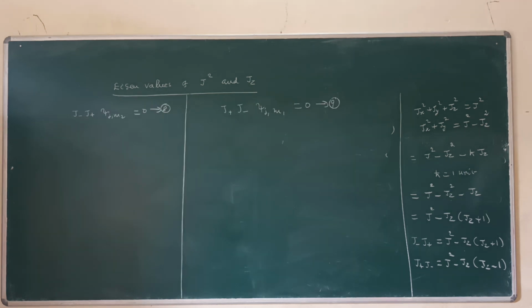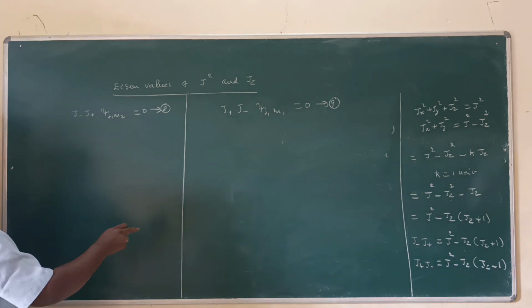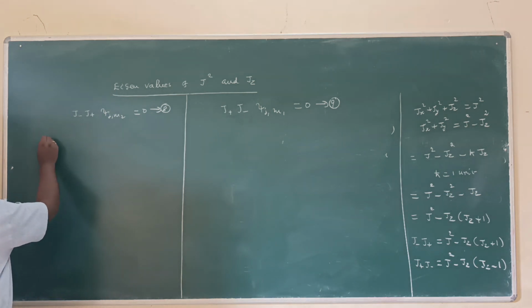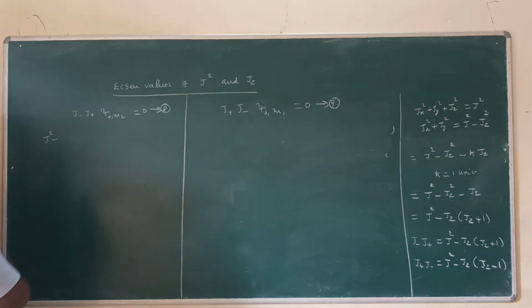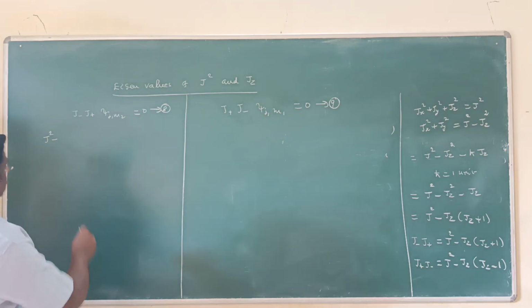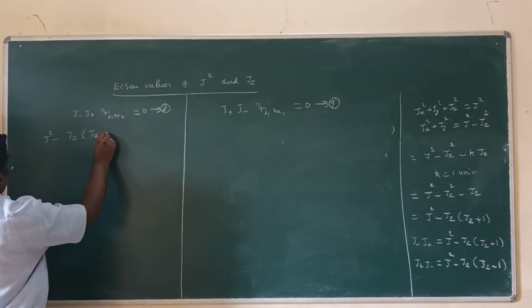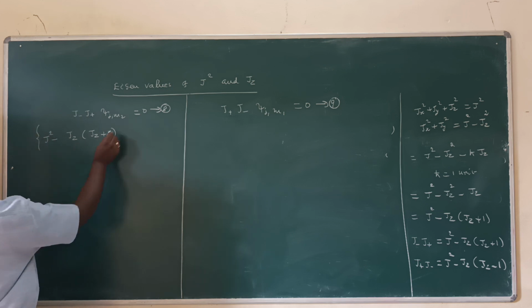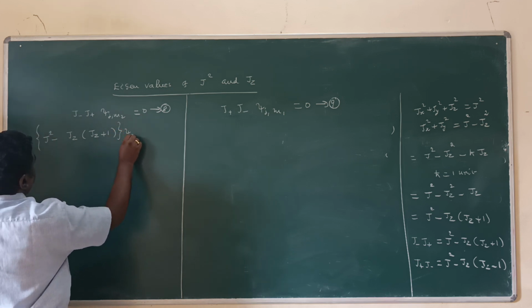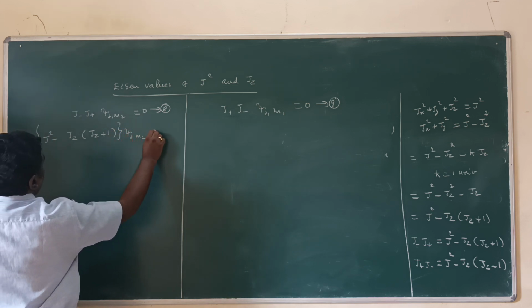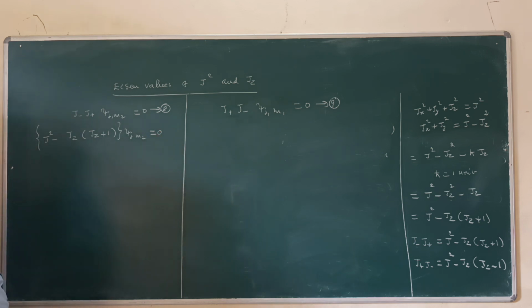Now substitute the value of J− J+ in equation 8: [J square − Jz(Jz + 1)] ψ(j,m2) = 0.